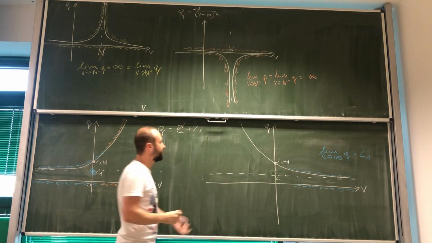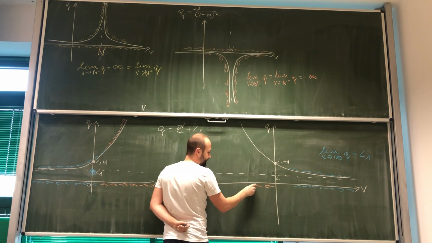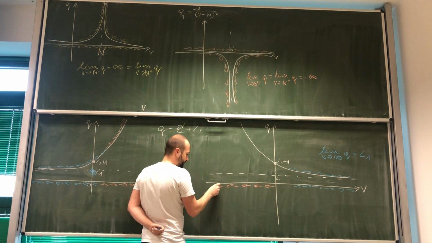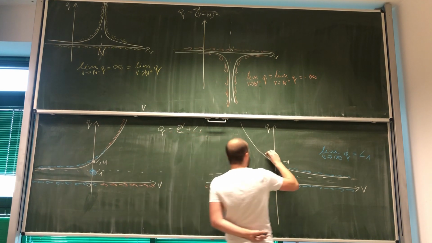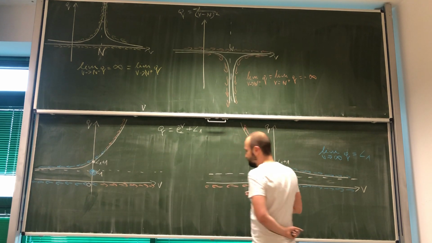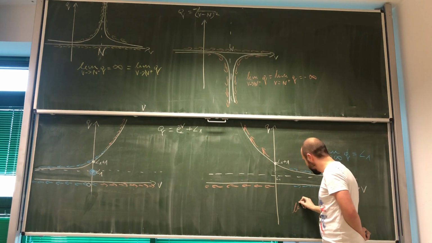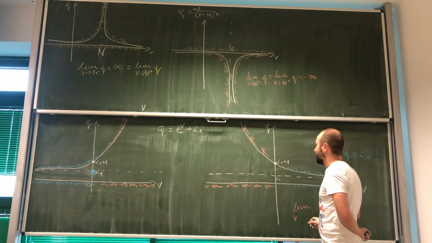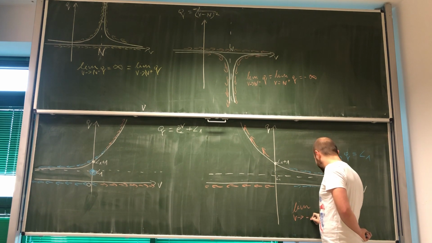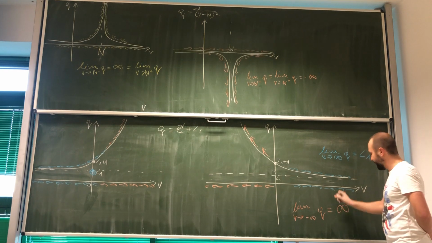On the other hand, if I move now into negative infinity, I see that the values of the function are ever growing, which means there's no limit, because the limit with v approaching negative infinity of q is infinity.